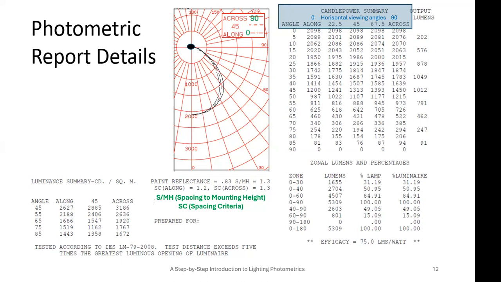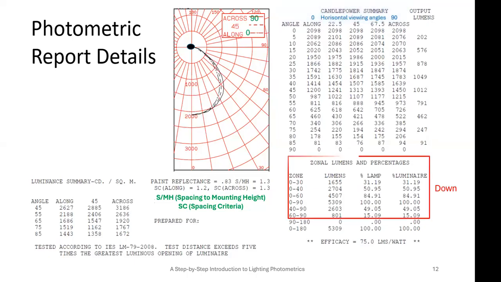The horizontal means we turn it from left to right and get an angle, and the vertical means up and down variation in angle. So all of a sudden, these numbers mean something because you know how to read this table. It's not really that difficult once you know what you're talking about.